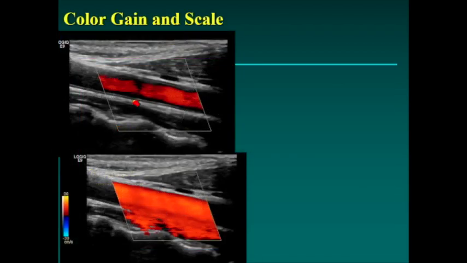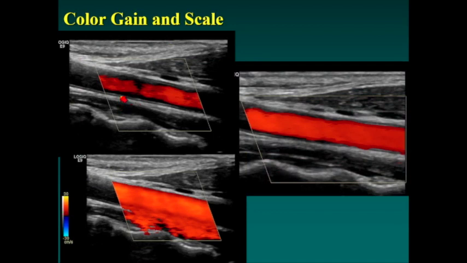And here I've changed 3 things. And again, I did this perhaps in an exaggerated way to make a point, but you can see that if you undergain, you will miss some of the flow around the wall. If you overgain, you can bleed out into the adjacent tissues, and this would be more optimally gained.